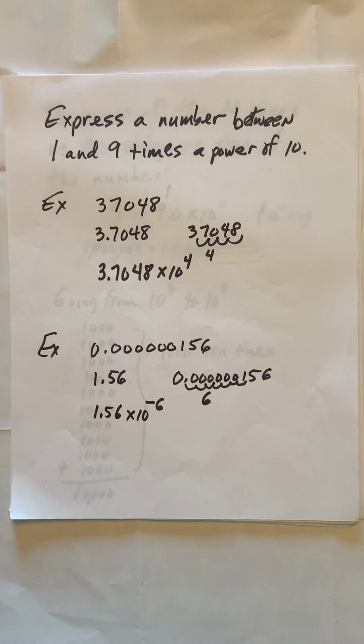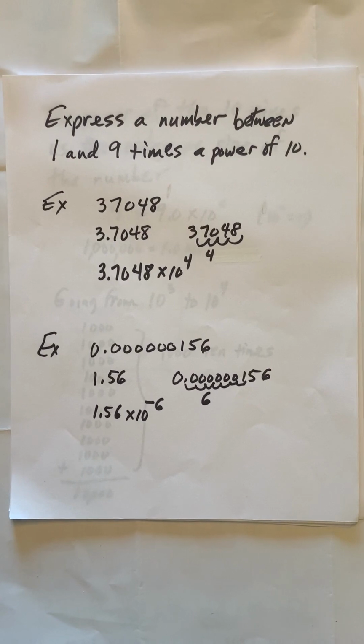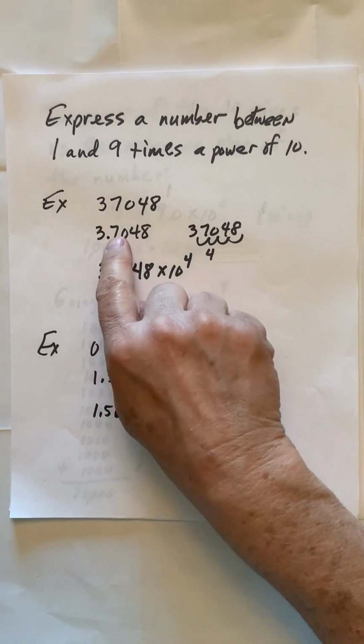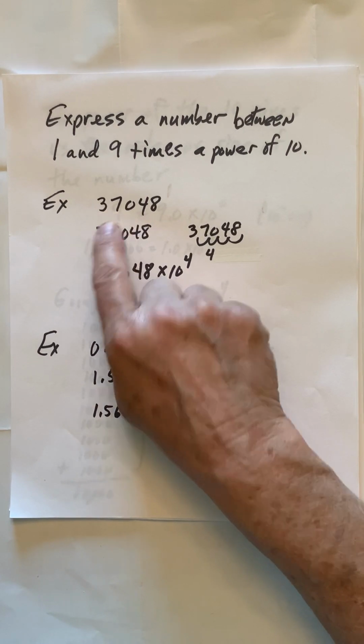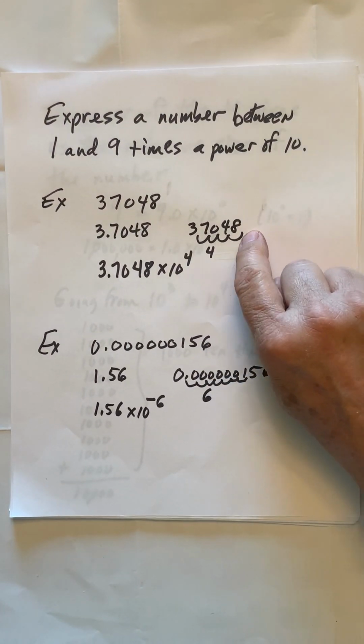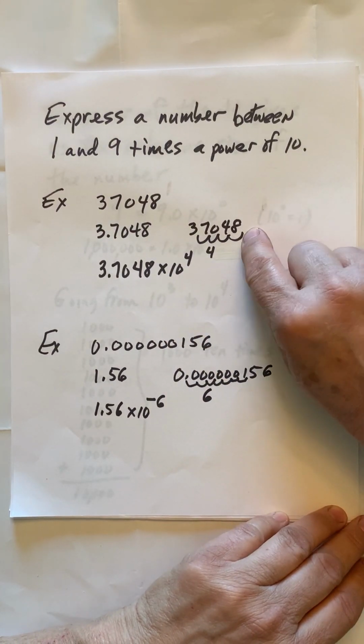So when you go to write a number in scientific notation, you express that number between 1 and 10 and then multiply it by a power of 10. So let's say I have this number here, 37,048. I express it as a number between 1 and 10, which would be 3.7. And then I look at where the decimal point actually is, which is after the 8, even though it's not written there.